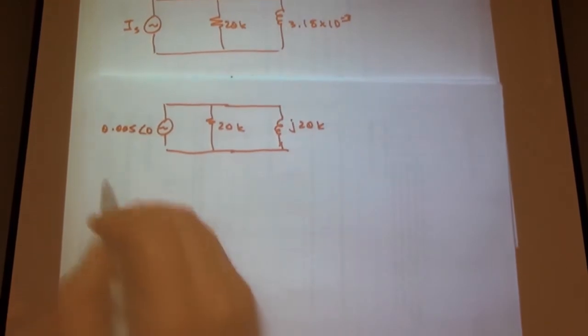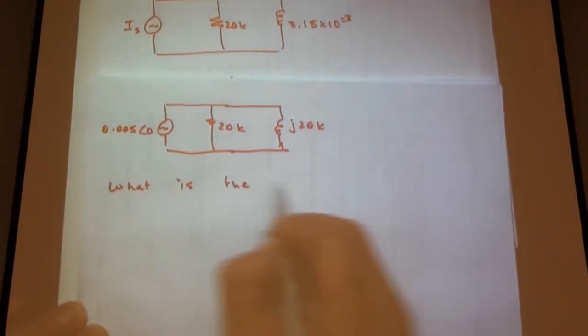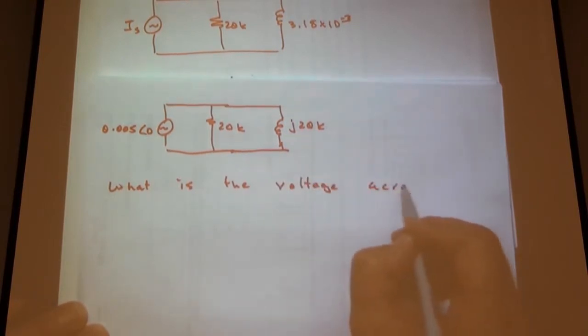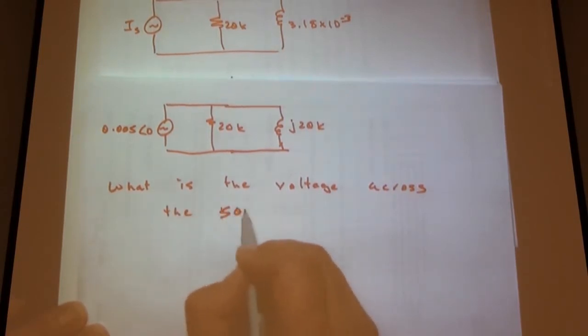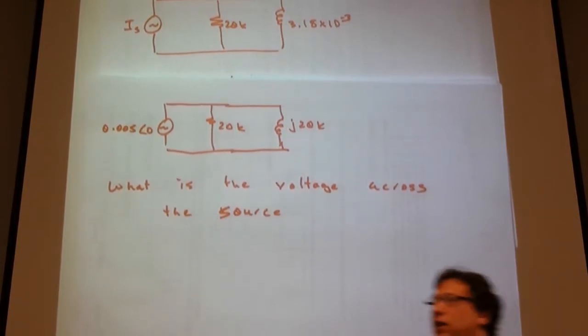And we can ask, what is the voltage across the source? That was something we did in homework 1 or homework 2, somewhere around there. If we ask what is the voltage across the source, what's the only thing we need to know?